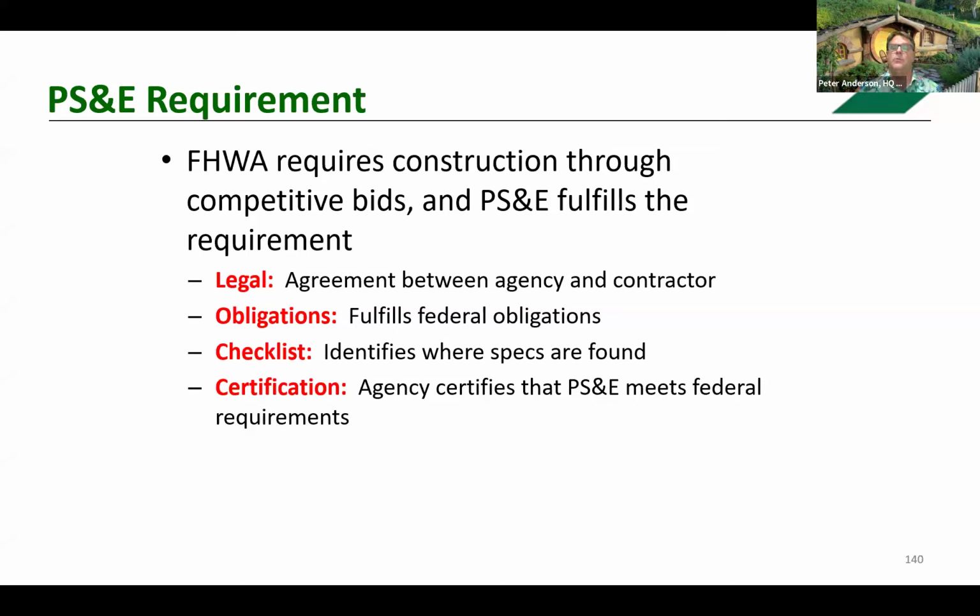Local agencies are required to complete what's called the LAPM 12D, another form, the PS&E checklist. This is to help ensure that the minimum required provisions are included in the contract documents. The local agency will also certify that the PS&E has been prepared in accordance with the LAPM and fulfills all federal requirements.